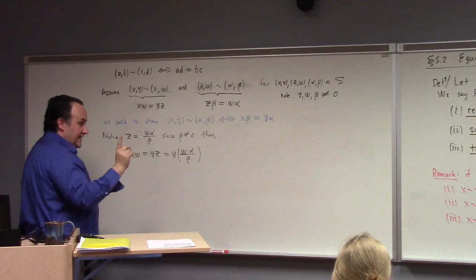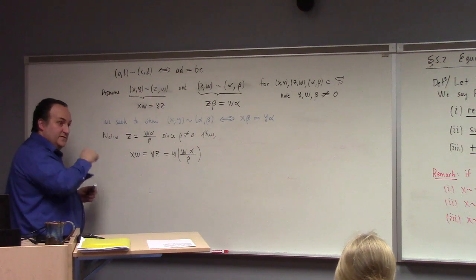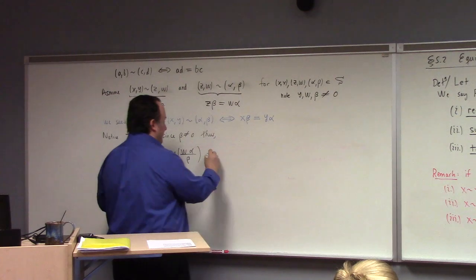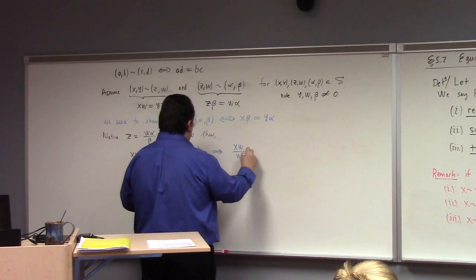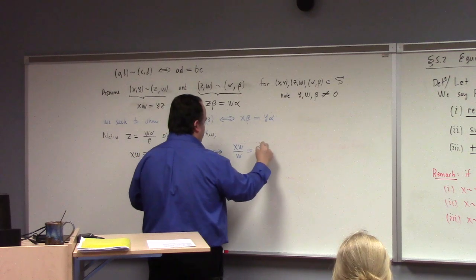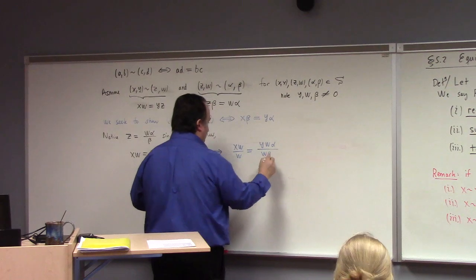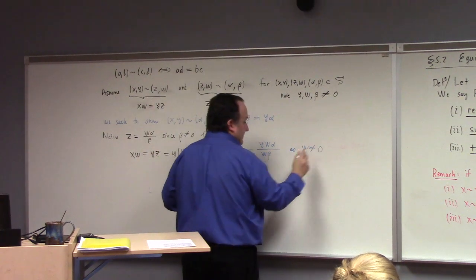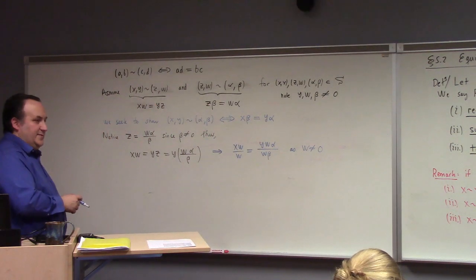Instead, cancel the W's. Right? So this implies that XW over W is equal to Y W alpha over W beta, as W is not equal to 0. Right? The W's cancel.